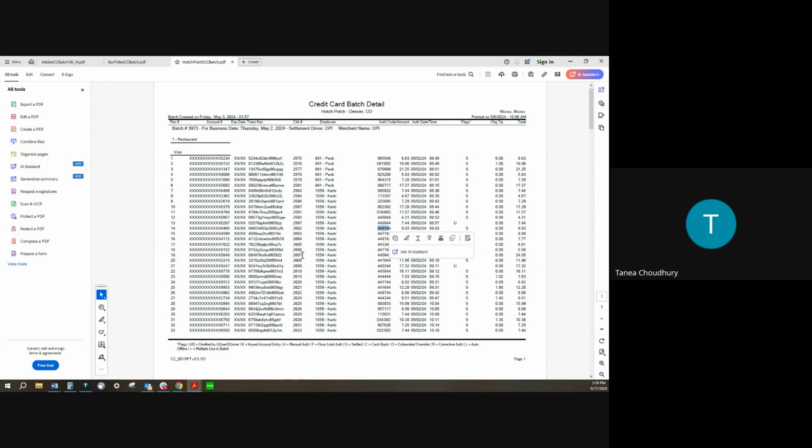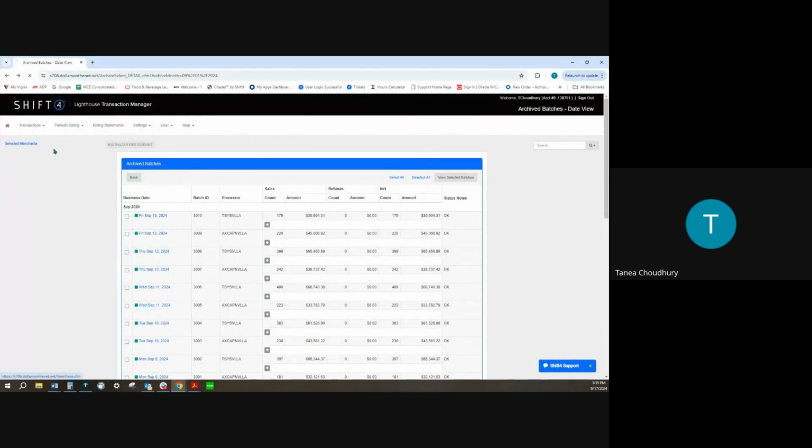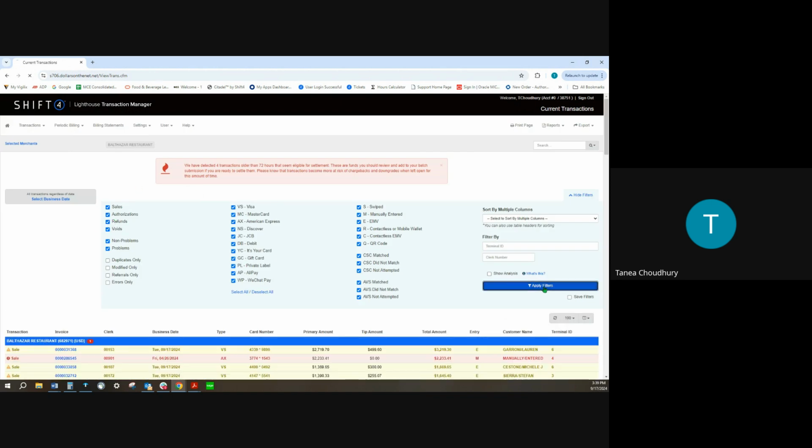LTM, more often than not, will decline it. And because the customer only goes by this, and not every customer has access to LTM or refuses to use LTM, they're just going to assume these went through because we're saying it went through and they're saying it went through. So it's up to you to go back into LTM. That's it. And make sure you're looking at current transactions. That's where they're going to sit and make sure this is checked off.